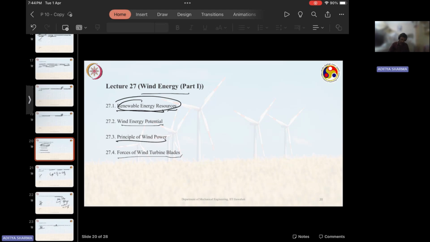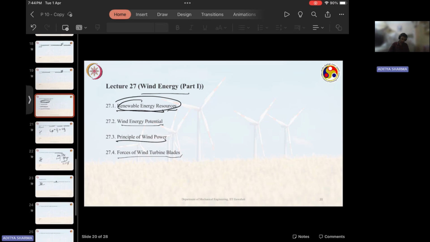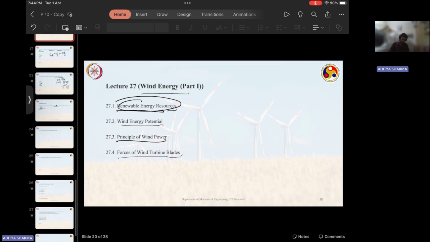How we get, then principle of wind power, how we get power from here. The potential wind has and how we get power from here, and the different forces in a wind turbine. So this we saw.